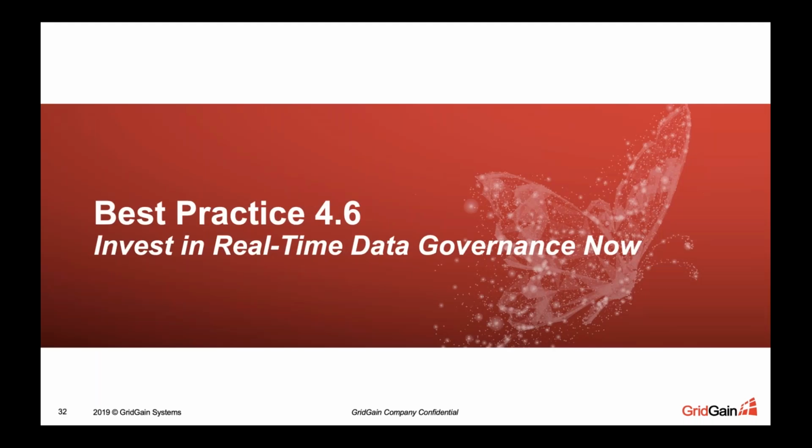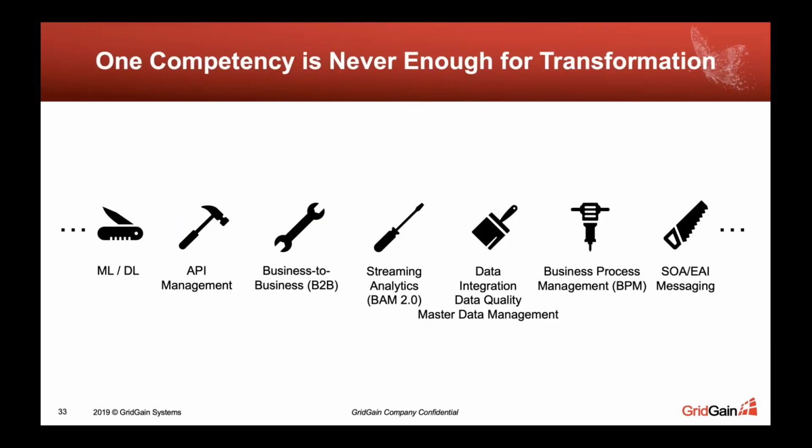The final best practice is implementing real-time data governance now. I'm going to fly through this a little bit, but let me explain it this way. You're going to use all kinds of tools, all kinds of best practices in integration to implement real-time business.